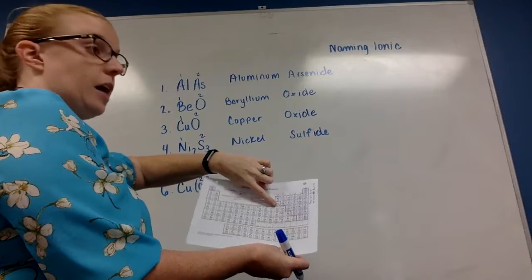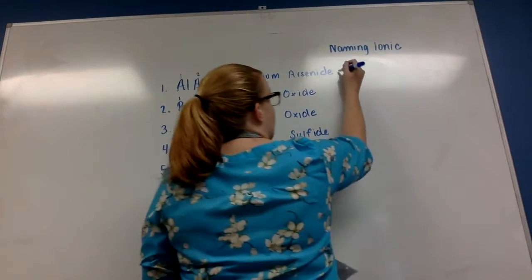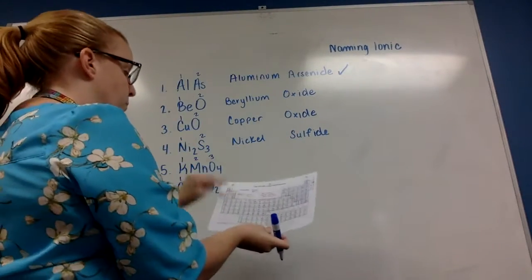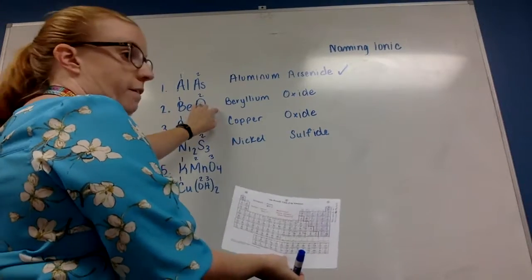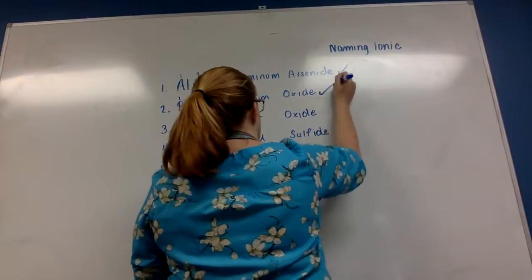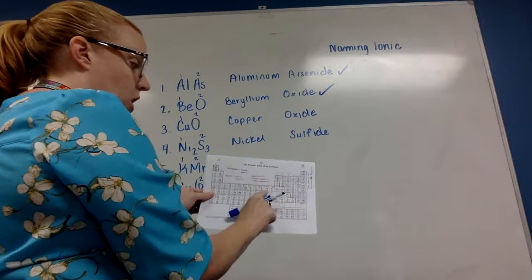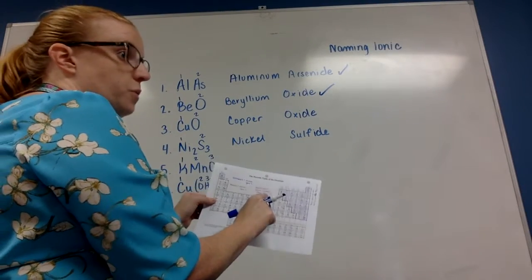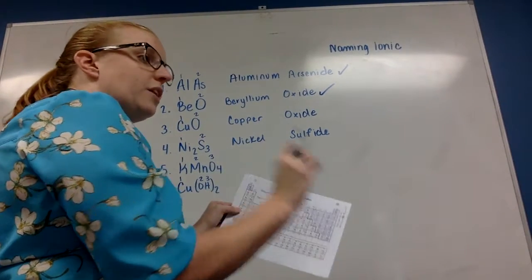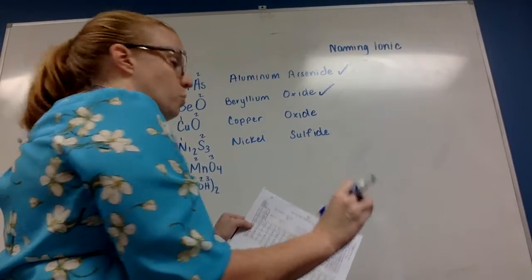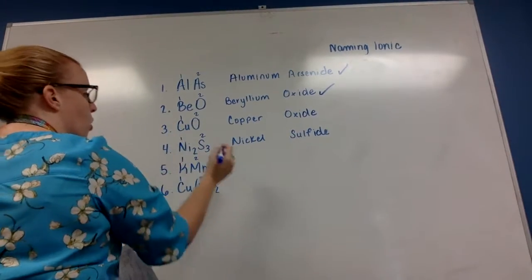Aluminum is not a multivalent, so that name is done. Beryllium, not a multivalent. Name is done. Copper is a multivalent, which means it can be 1 or 2. So here's how we find out what the Roman numeral is. CuO.